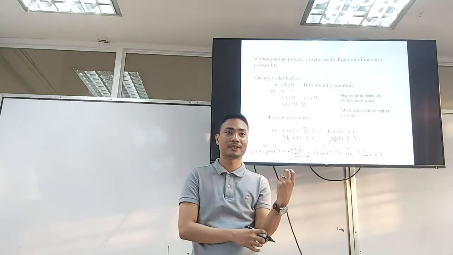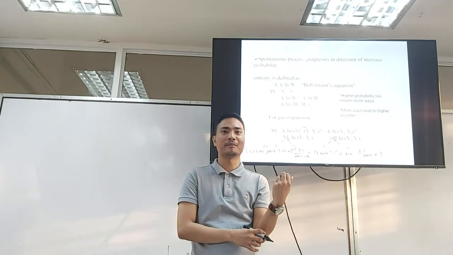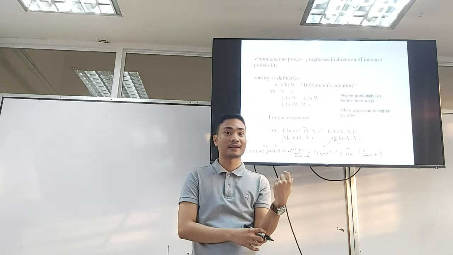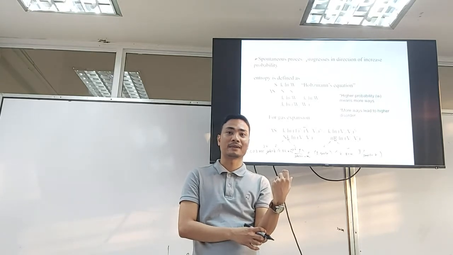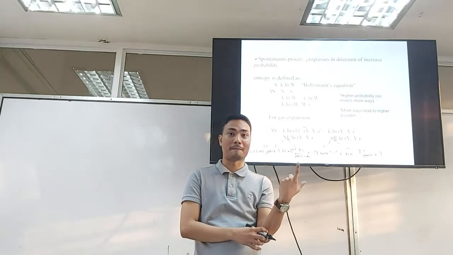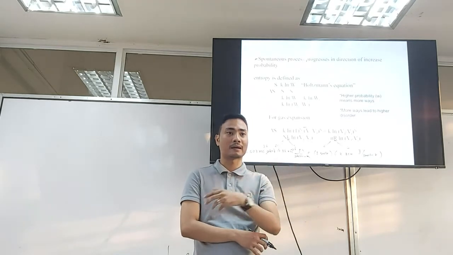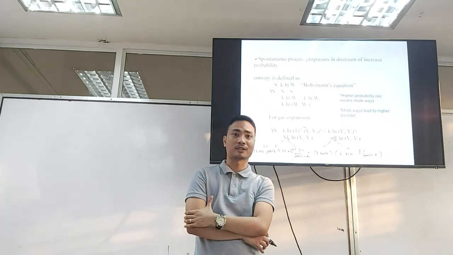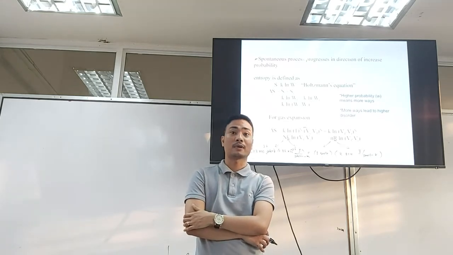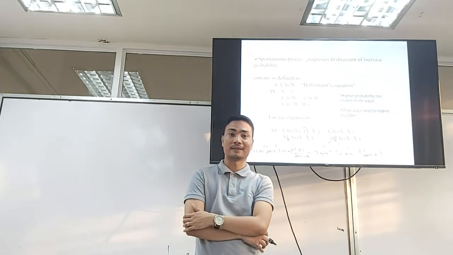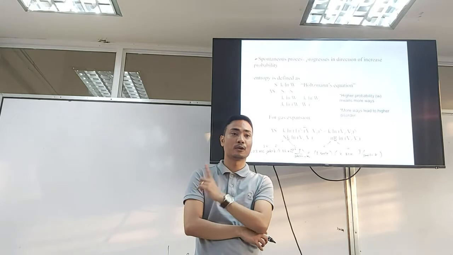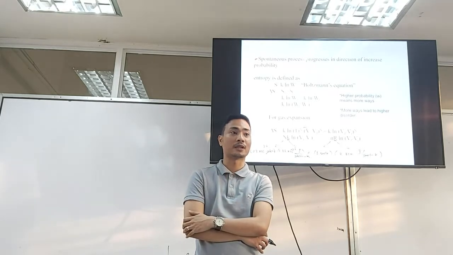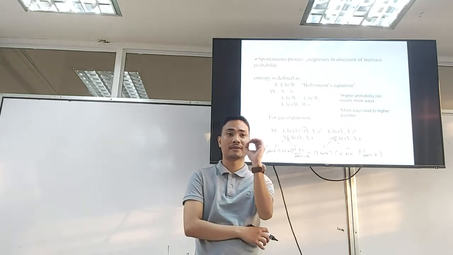Ibig sabihin nun, hindi siya pwedeng i-apply, or it can be applied, but delta S would be equal to what? To 0. Saan yung mga adiabatic natin? Sa turbine, tsaka saan? Pump, sa engine. Sa refrigerators naman, nasan dyan yung mga adiabatic processes? Sa expansion valve, tsaka doon sa compressor. So delta S in those processes are actually equal to 0.